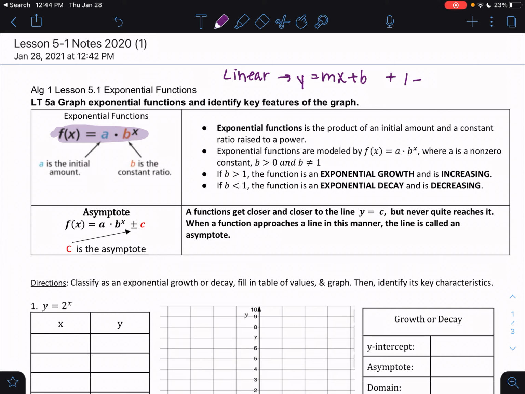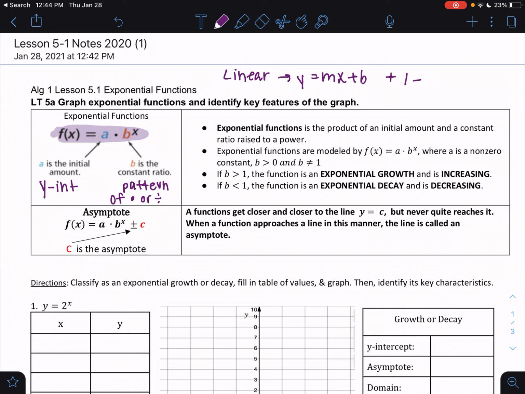You might go up 3, minus 3, whatever. But with exponential functions, our pattern is multiplying or dividing. So in this, the a is the y-intercept, and the b is our pattern of multiplying or dividing.